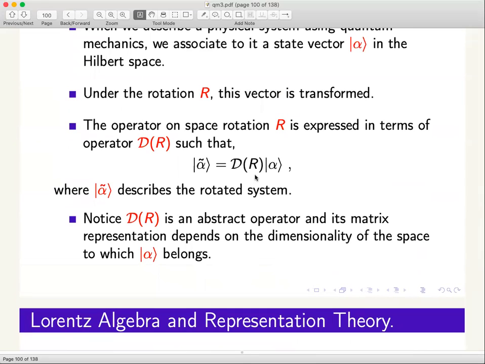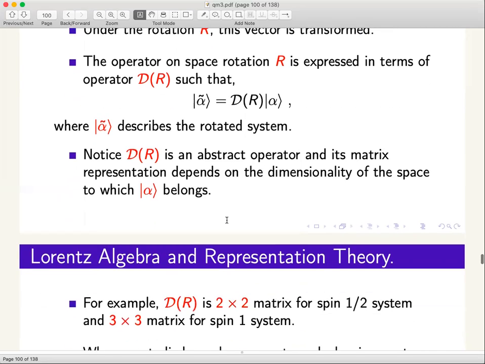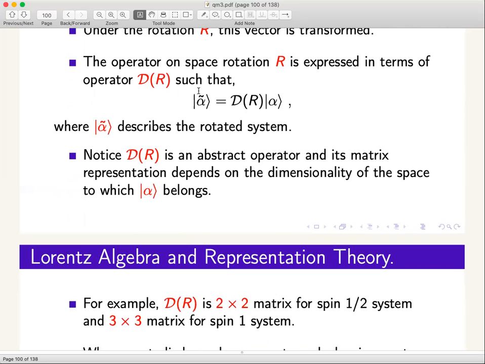You convert the expectation value of Sx to the expectation value of Sx computed in alpha tilde space. That statement corresponds to just introducing D and D dagger between alpha states, because alpha tilde Sx alpha tilde is equal to alpha D dagger Sx D alpha, right?